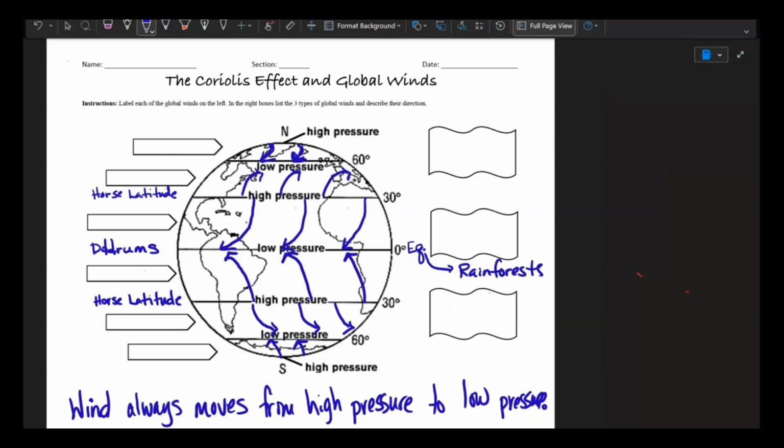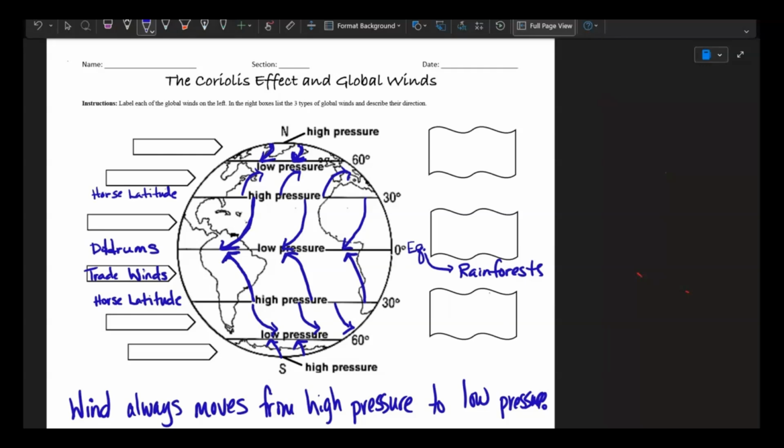All right, and then moving up to the 60-degree latitude mark. This one doesn't have a fun name, so we're just gonna leave him be. So the winds that are moving from our horse latitudes up to our equator and down from the horse latitudes towards our equator, these are called the trade winds. Notice they're moving from east to west.